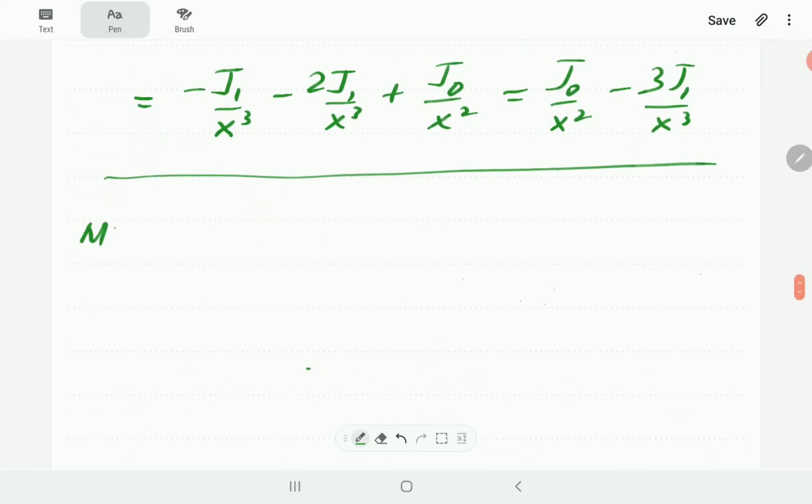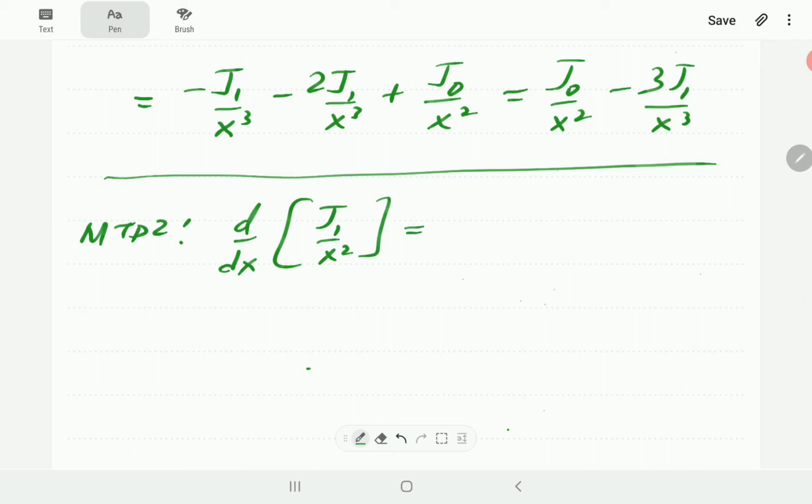Now in the second approach, we're going to use the identity with the positive power. So here we have got J1 over x squared.